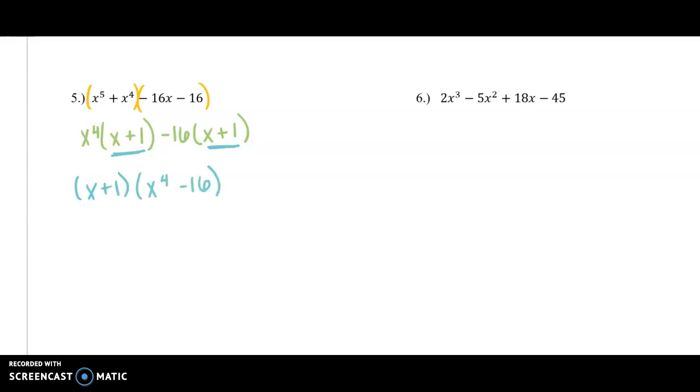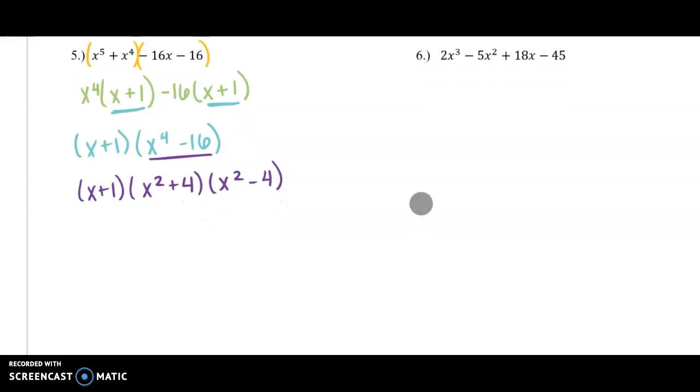Then you look to see if you can factor any further. I can factor x to the 4th minus 16. That's a difference of squares problem. So then I would have x plus 1 times x squared plus 4 times x squared minus 4. That's the difference of squares. So this right here came from this part.